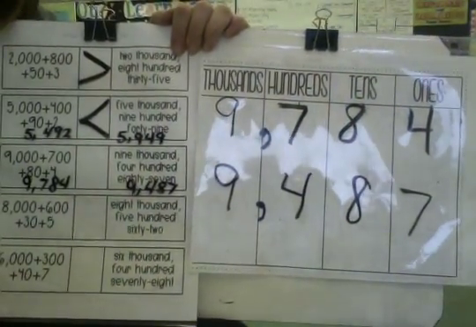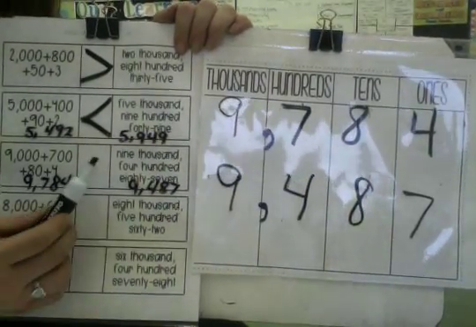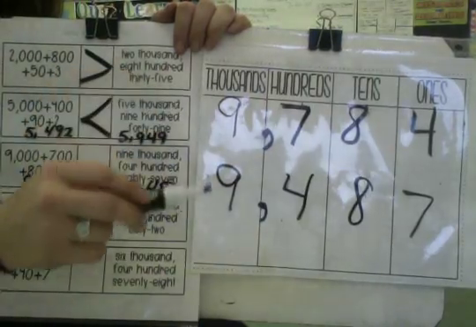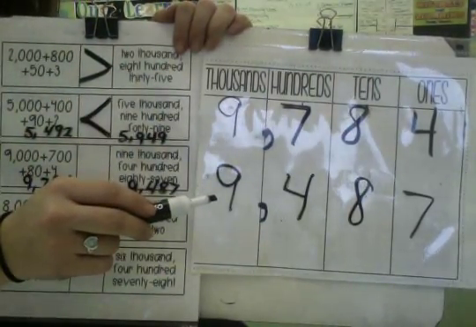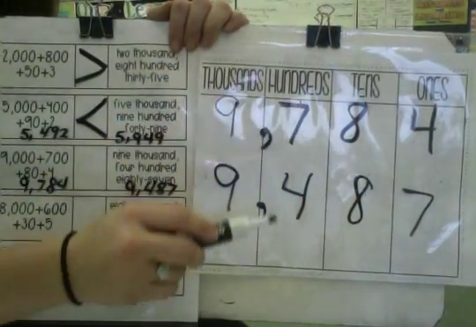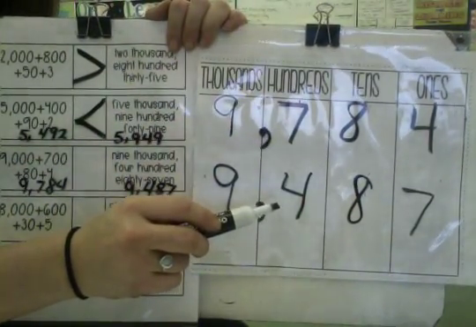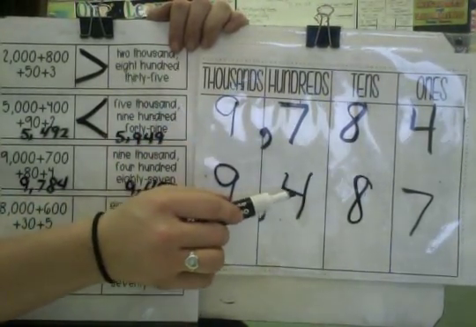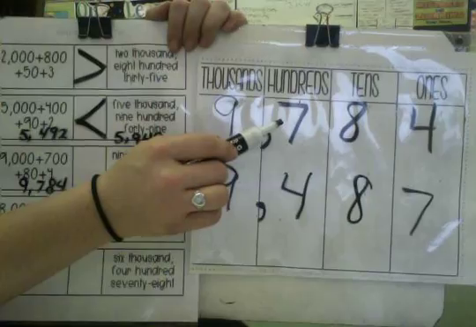Whoops. Now let's take it to the next step and let's compare. Go to your largest place value. What do we see? They're the same. Go next door. What do you see? Yeah, our 7 is greater than our 4, or our 4 is less than our 7.